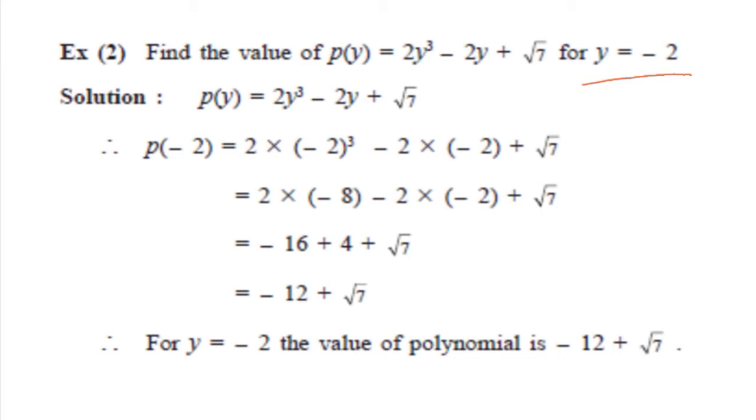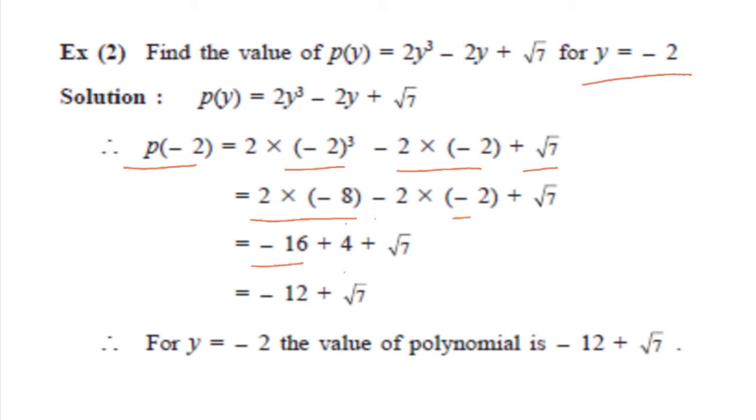Therefore, p(minus 2) is equal to 2 into (minus 2) cube minus 2 into (minus 2) plus root 7. Cube of minus 2 is minus 8. 2 into minus 8 is minus 16. Minus minus plus, 2 into 2 is 4, plus root 7.